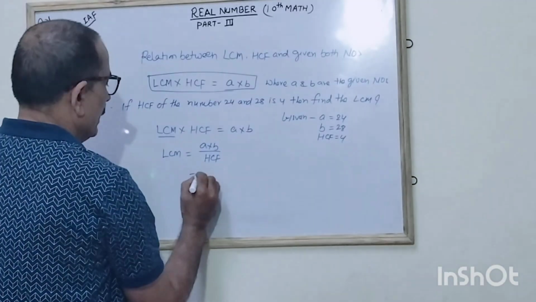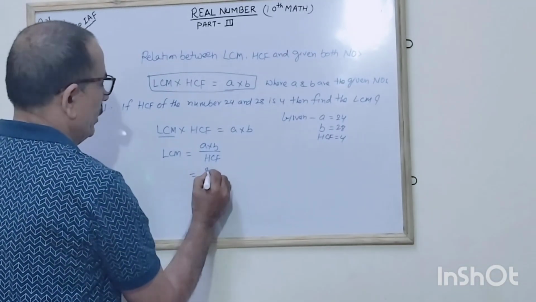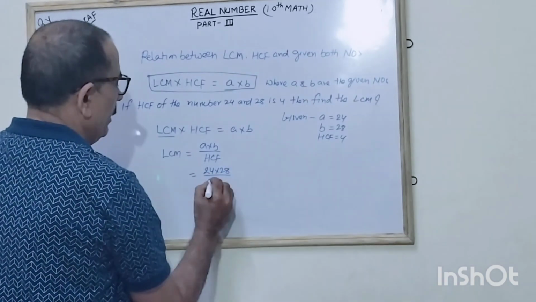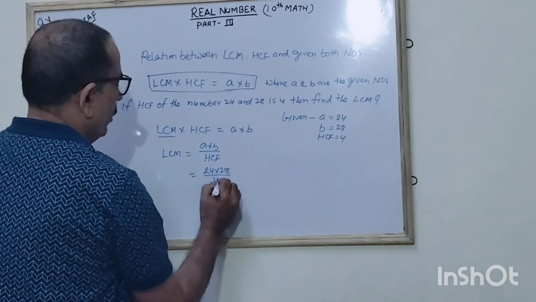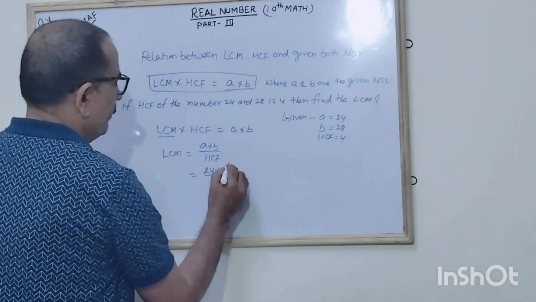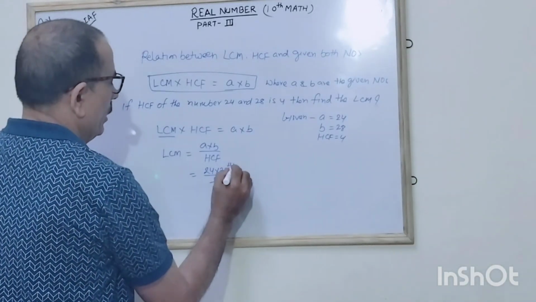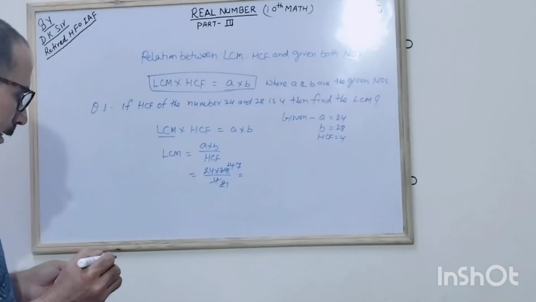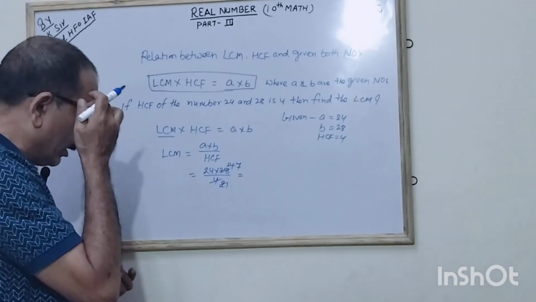Then what happens? A into B is 24 into 28, divided by 4. So it becomes 14. 2 1s are 2 and 2 7s are 14. When you multiply 24 into 7, how much are you going to get?